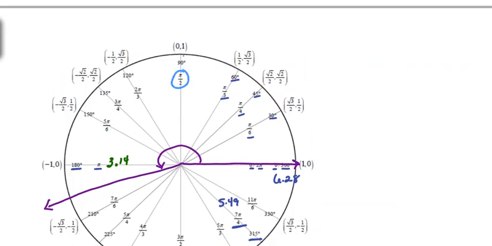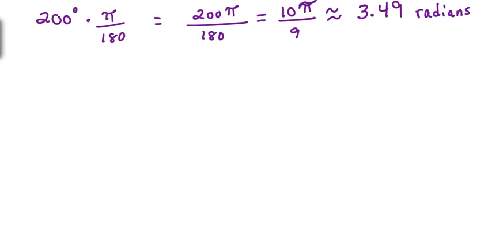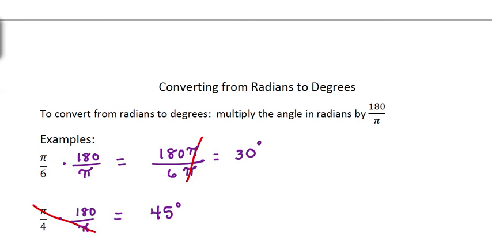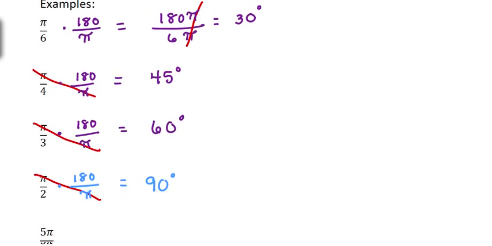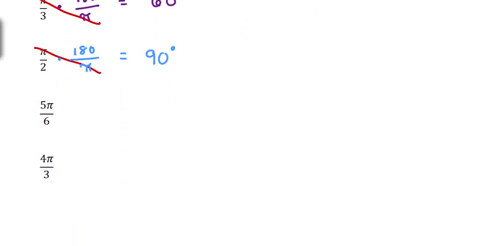Pi over 2, 90 degrees. And again, if it's a test, you may be asked to convert from one of the common angles that we use, or you may be asked to use an angle that's not actually drawn on the unit circle.